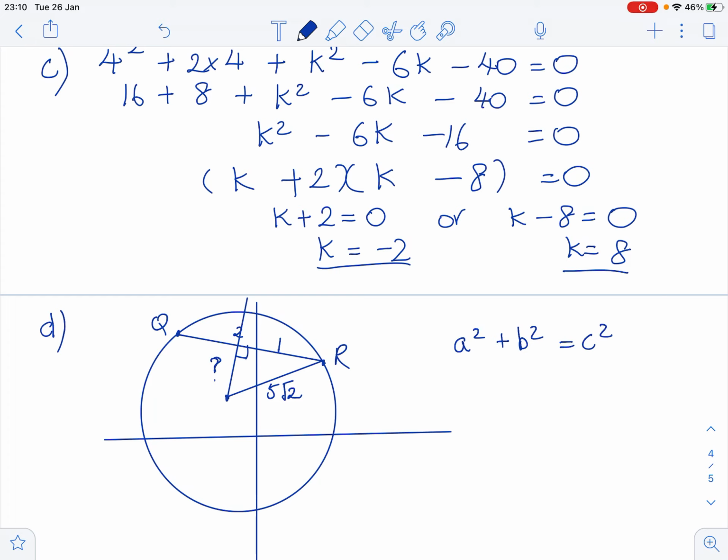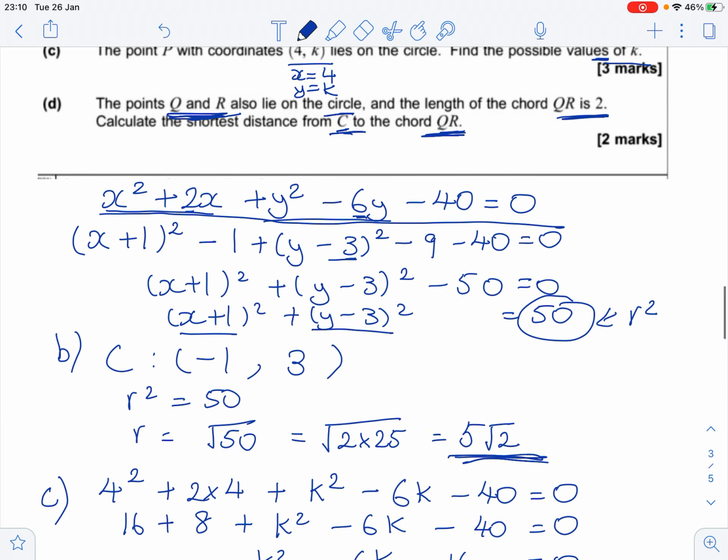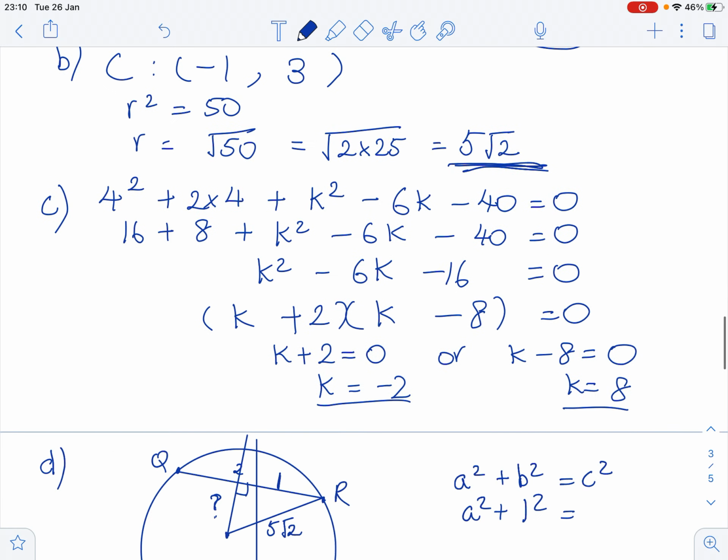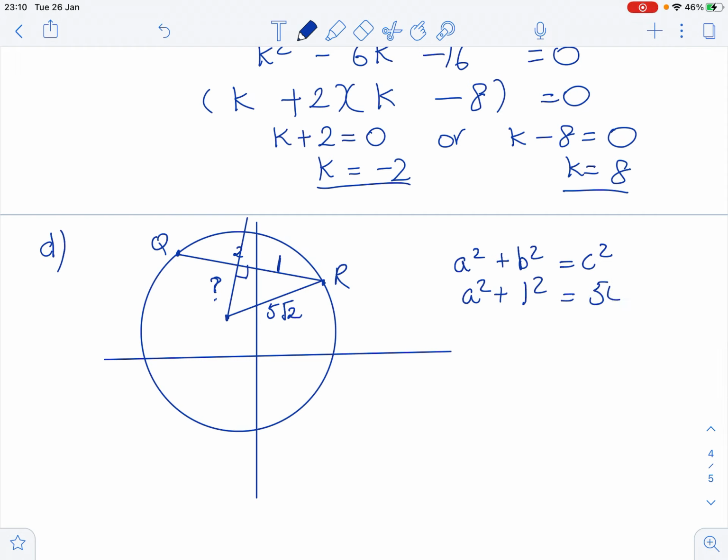The value we want to find I'm just going to call a, plus the value of b, which is 1 squared, equals 5 root 2 squared. From previously, we know r squared is 50. Then rearrange and solve. So a squared is 50 minus 1, so a squared equals 49.